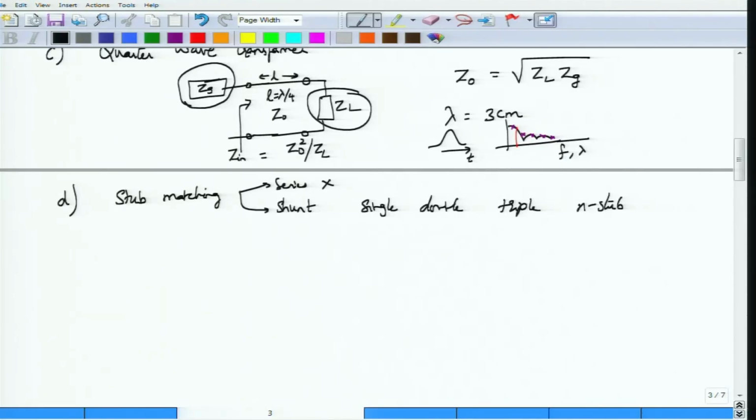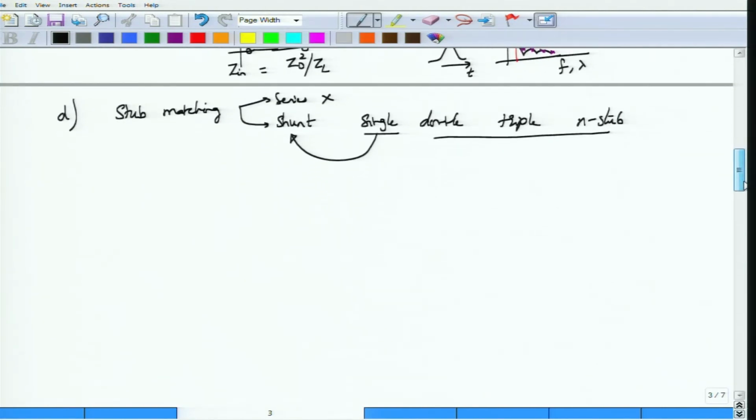The formulas and the procedures for double, triple and n stub are quite complicated and not particularly suited at this level. So we will not look at double stub matching, we will only look at single stub matching, in the shunt method. That is to say, we connect this single stub in parallel to the main transmission line.